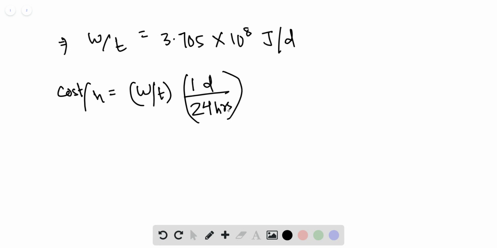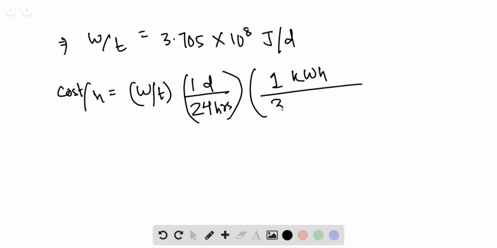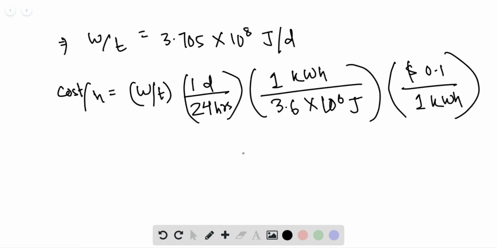Then we divide by the number of joules in 1 kilowatt hour. And finally, the cost is given to be $0.1 per kilowatt hour, so we multiply by that.